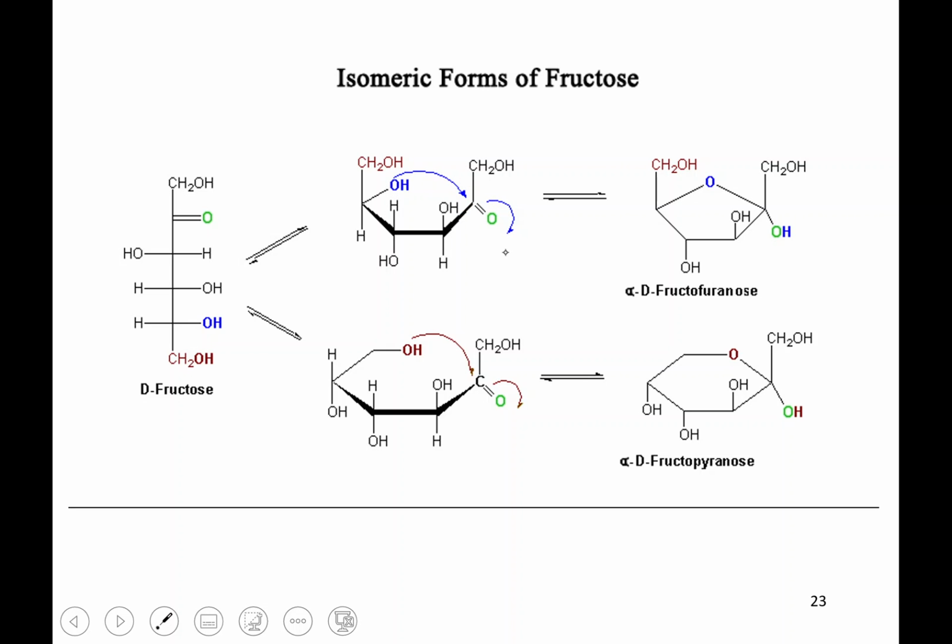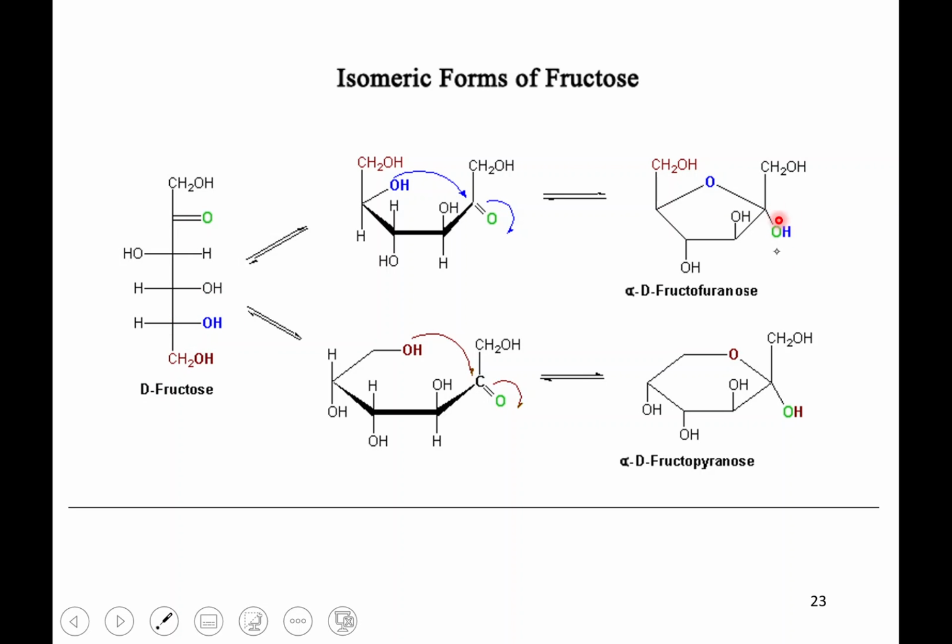When that happens, the OH group that's formed can either be below the plane or above the plane. For this 5-member ring that forms, we get what would be the alpha anomer, because we're comparing it to the position of this CH2OH on this end of the molecule, furthest away from the carbonyl.